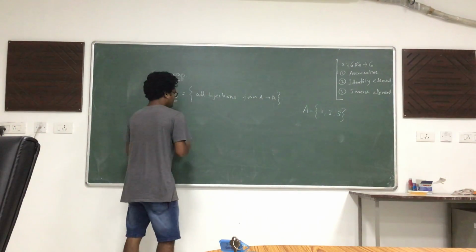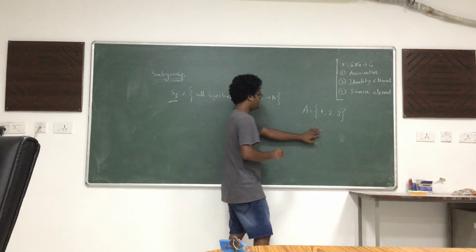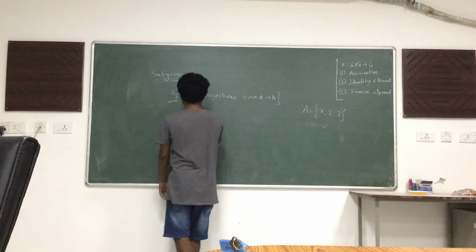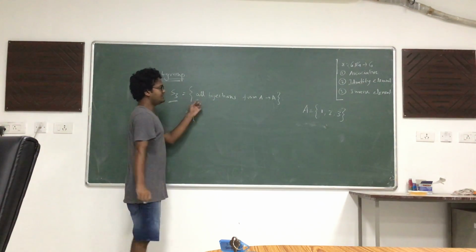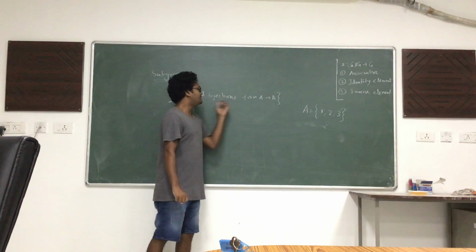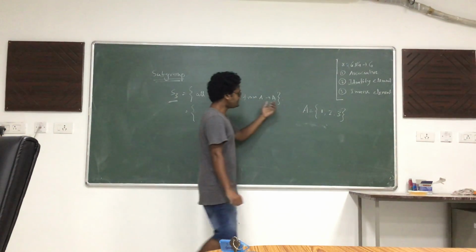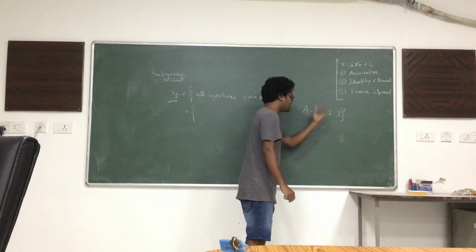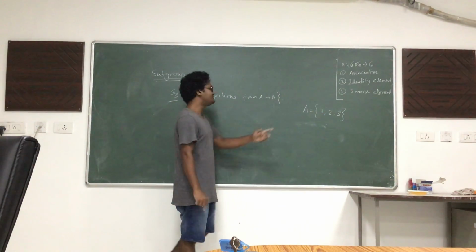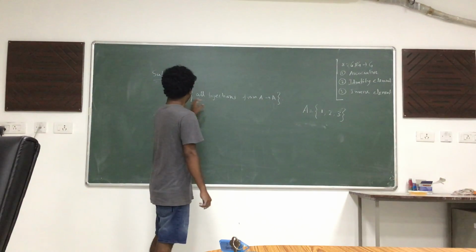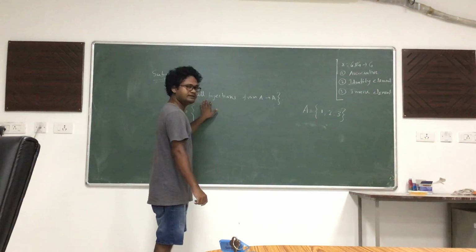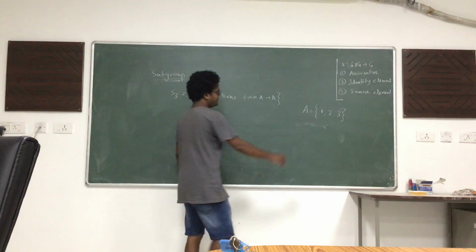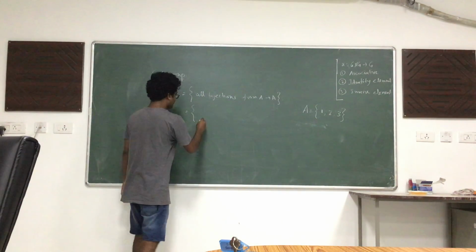Let us say the elements are phi 1, phi 2, and we saw that the elements are basically the functions which give the permutation between these 3 elements. And how many elements will be there in this set? 3 factorial, which is 6 in this case.